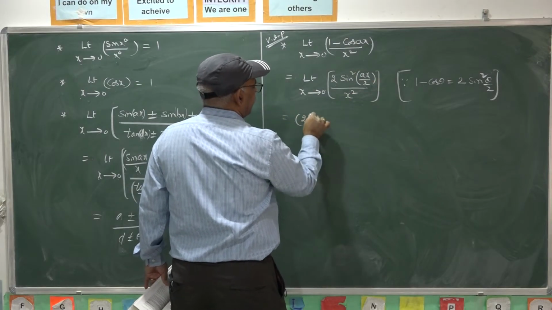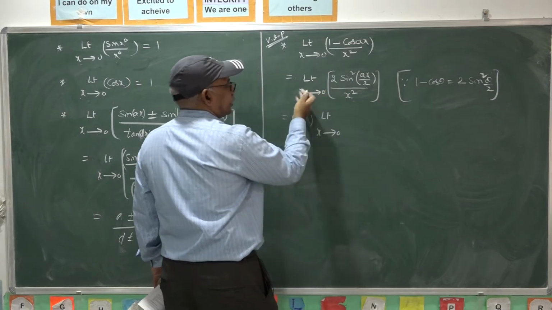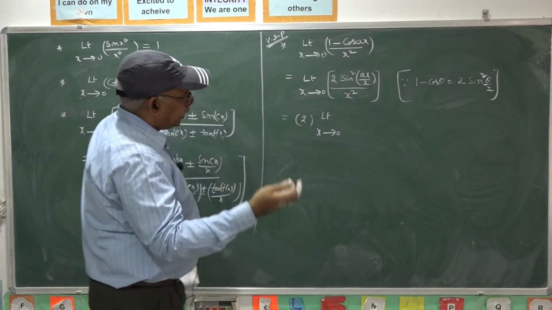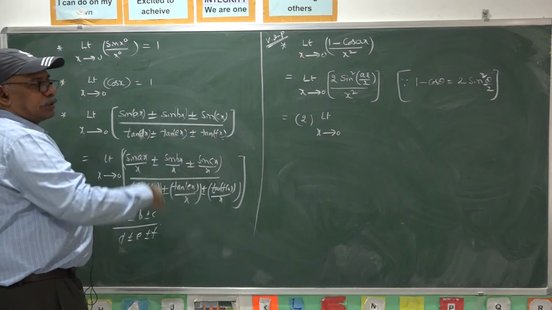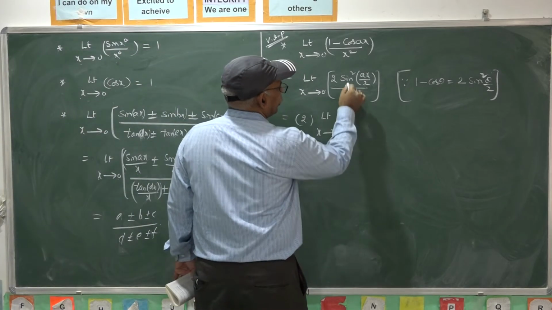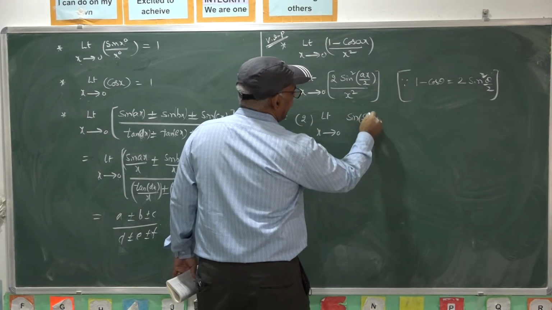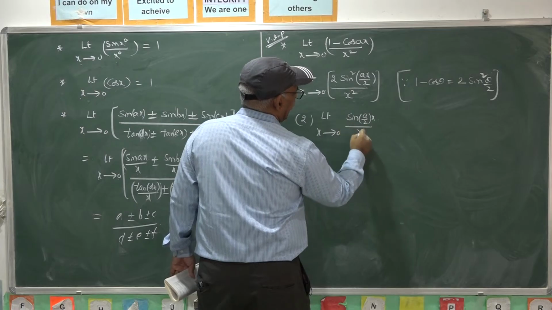That is 2 into limit as x goes to 0, because 2 is a constant independent of x, so you can take it out of the limit. This is sin of a by 2 x by x, whole square.